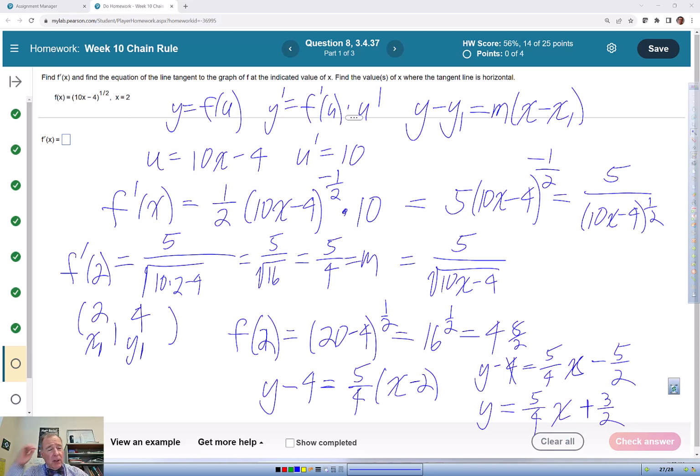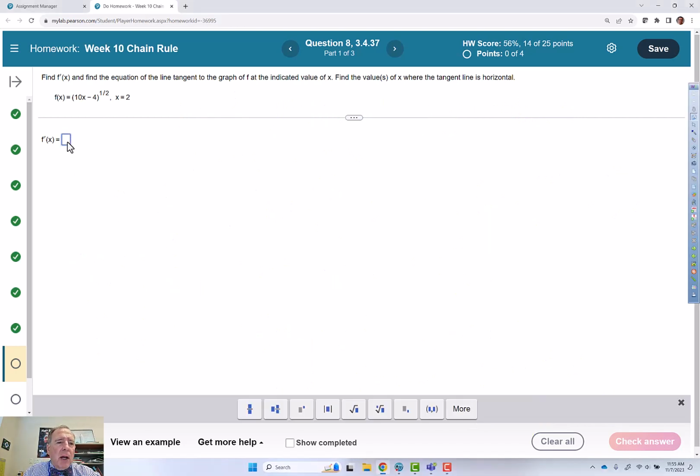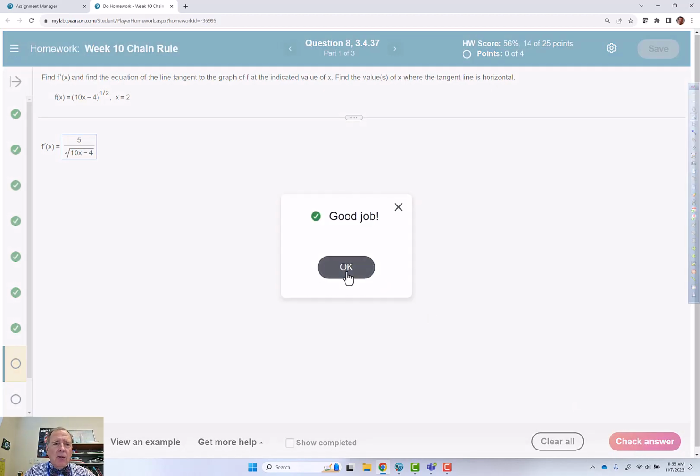And I just realized I haven't put in my derivative, so we need to go back and put that in. So fraction 5 divided by the square root of 10x minus 4. Check answer, good job.